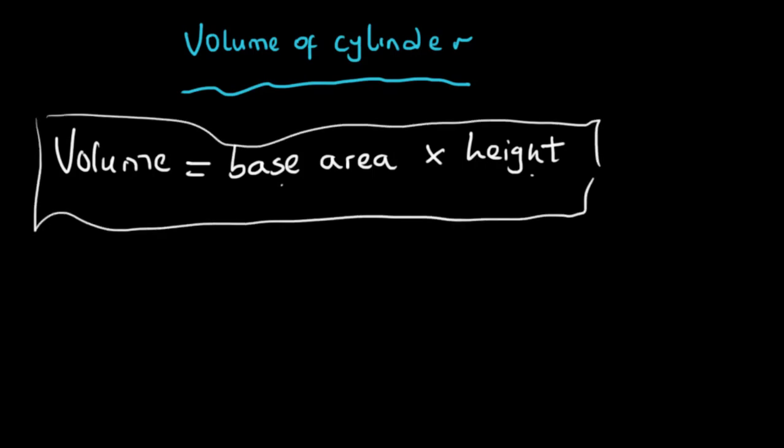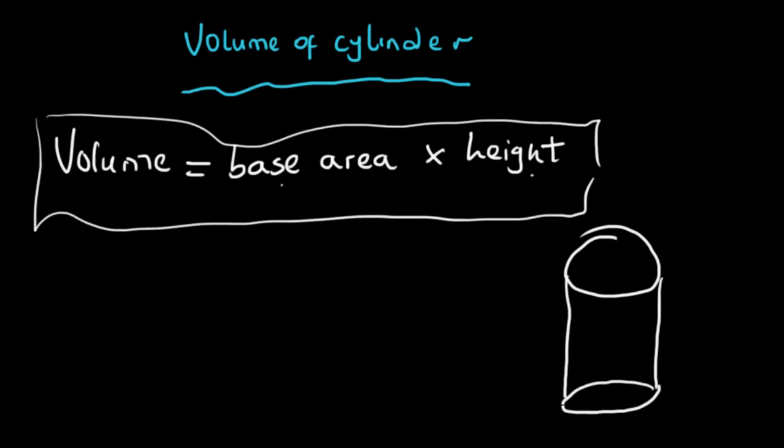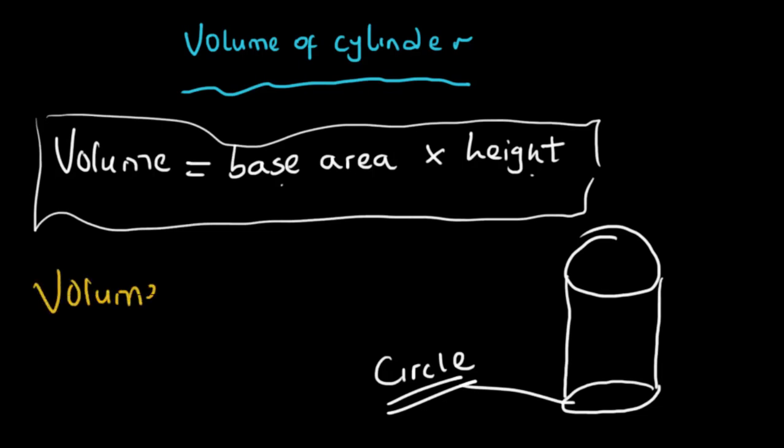Does this make sense? Now, if we look at a cylinder, this is a cylinder. The base of a cylinder is a circle. Just pardon that drawing. So if I want to find the volume of a cylinder, what is the area of a circle? The area of a circle is pi r square.